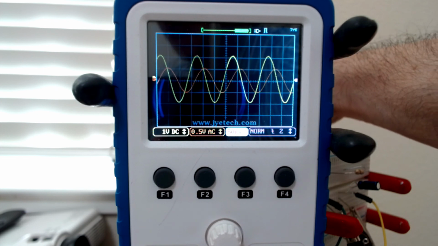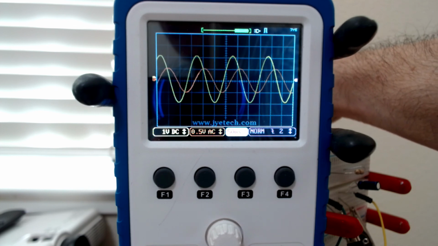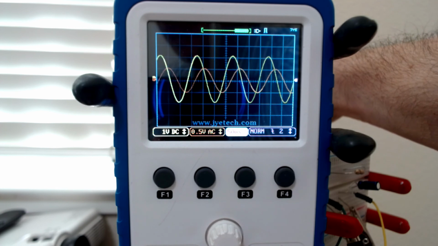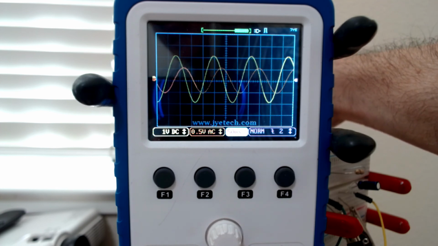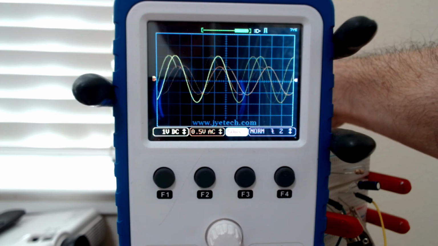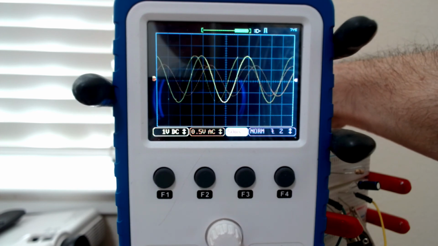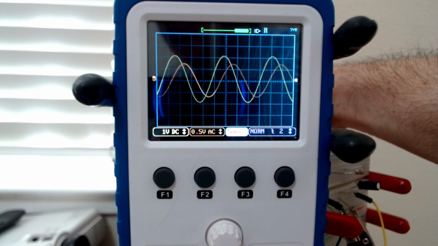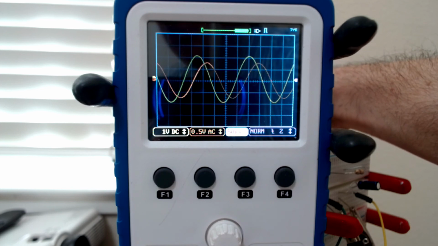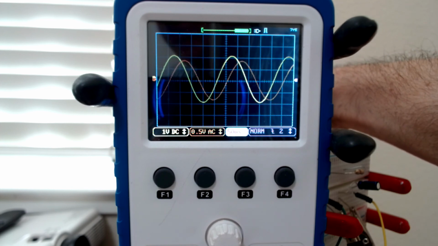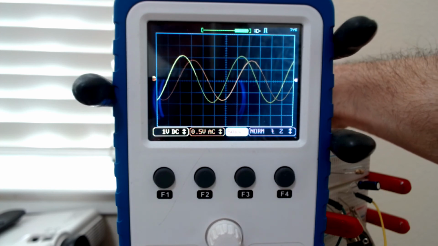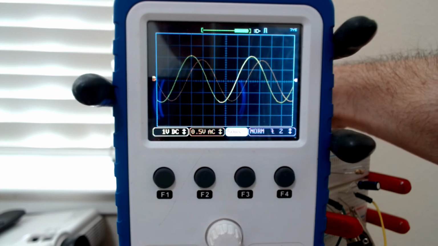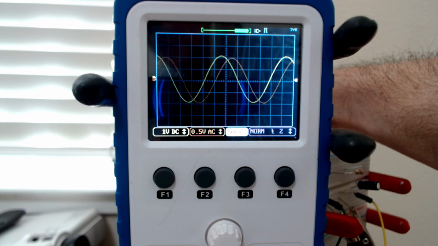In other words, the voltage across the resistor is ahead of the voltage across the power supply. Now I'm going to decrease the frequency. You're going to see the voltage across the resistor get bigger and the phase shift get smaller. So I started at 6,300 hertz, now I'm at 3,800 hertz.